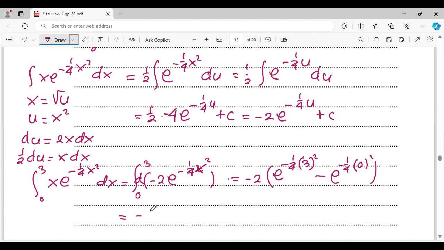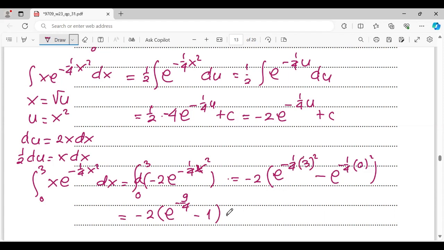So minus 2 times e power minus 9/4 minus 1, because e power 0 is 1.